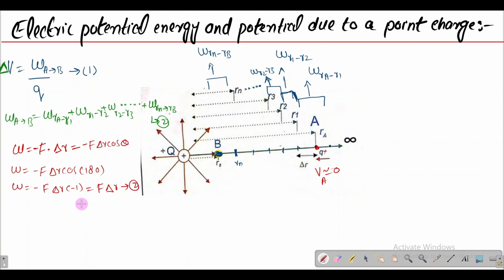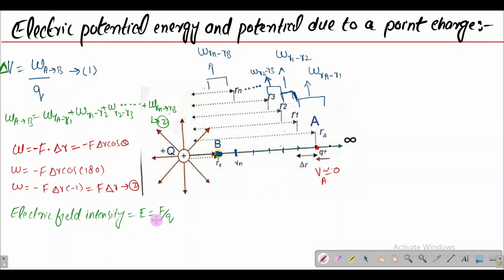Now we know that the electric field intensity is given by E is equal to force per unit charge.